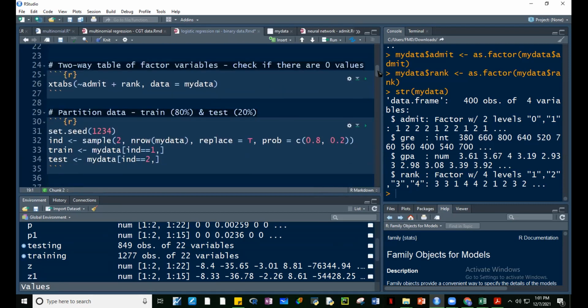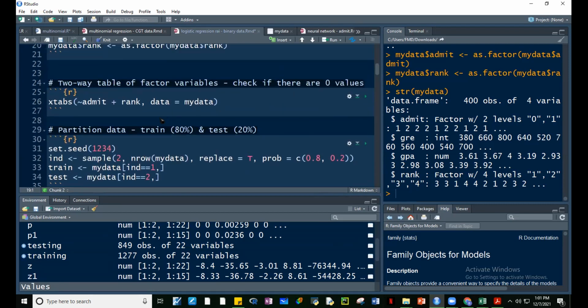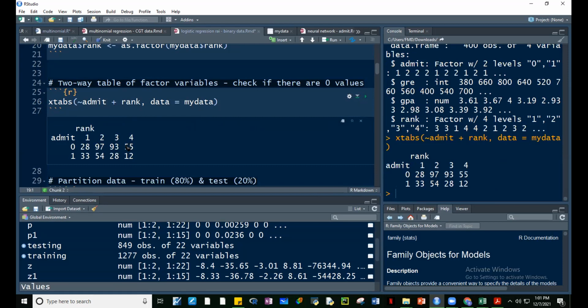Okay, then let's now see, guys, using a two-way cross-tabulation. Let's try to plot how many were admitted and the rank of their school. So let's try to see how many of those admitted came from a rank 1 school, a rank 2 school, etc. So let's run this using the function xtabs.